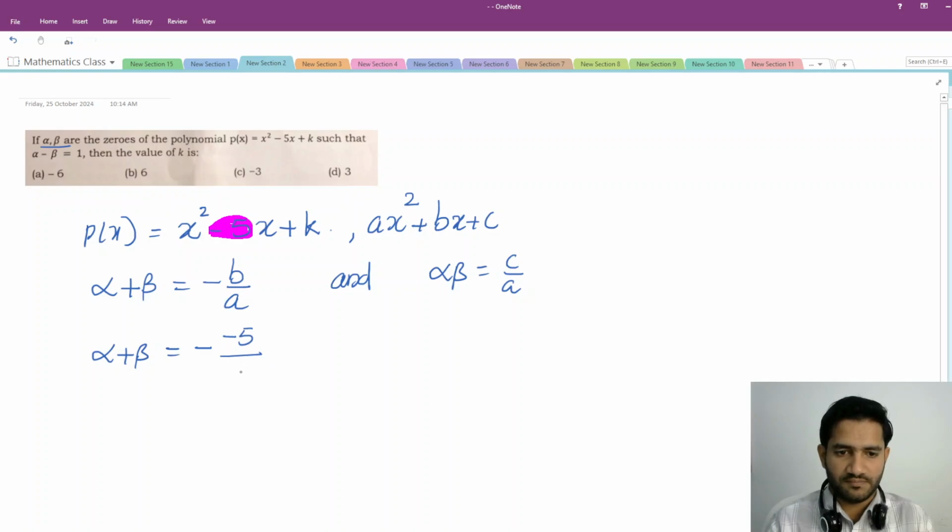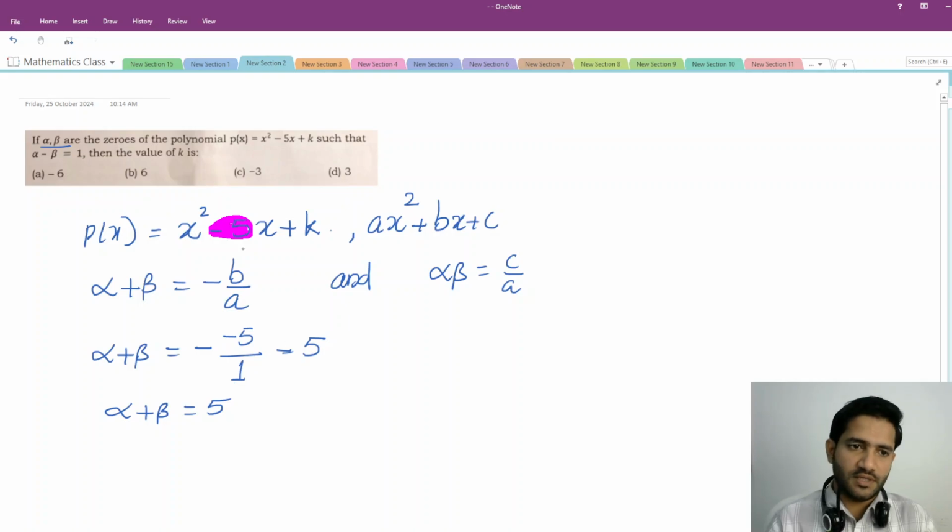So a equal to 1. So clearly negative becomes positive, and dividing with 1 changes nothing. We will get 5. So alpha plus beta equal to 5. Now again read the question. It is given that alpha minus beta is 1.